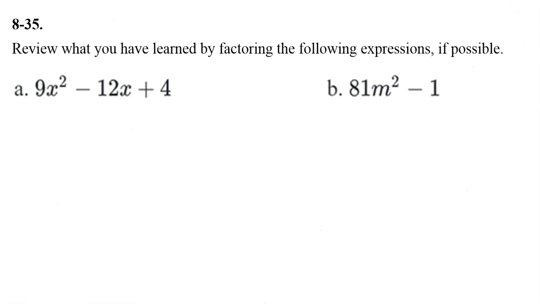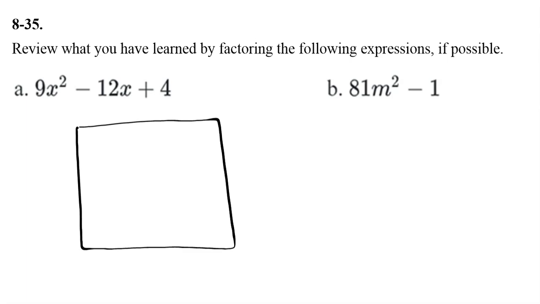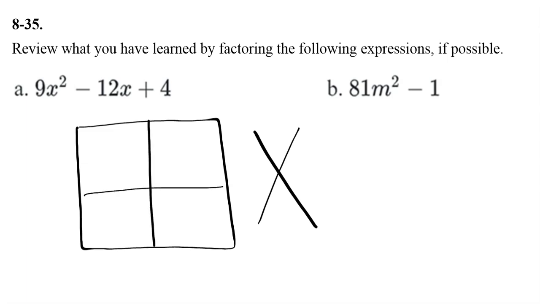Okay, so we're going to factor these, and we're just going to practice a little bit of factoring here. So we've got our rectangle, and then we've got our diamond per se, for this first one, and we know that we're going to have 2 of these right here, and if we take the first 2, these 2 are going to go right here when we multiply them.